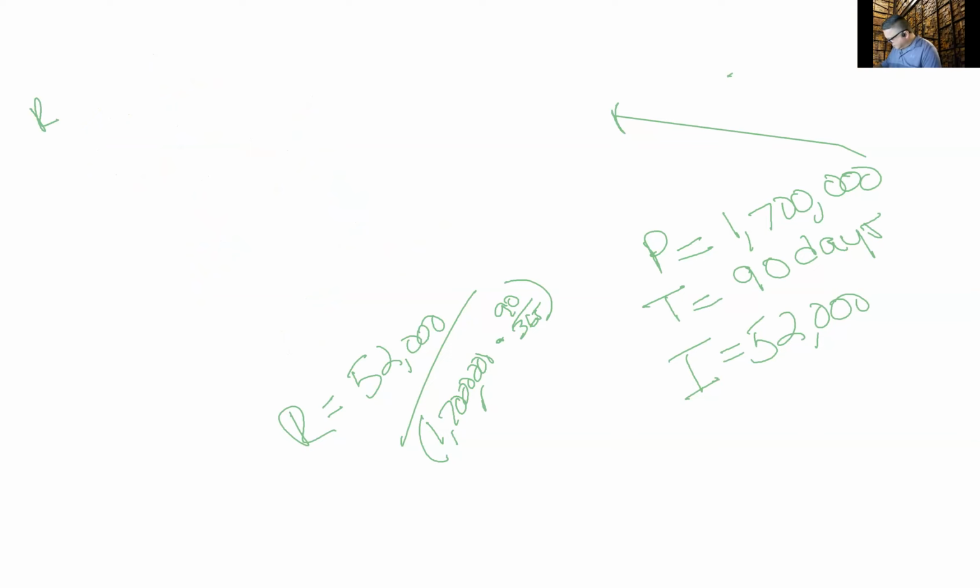The rate is going to be equal to your 52,000 divided by 1,700,000. And I said do this part first. 90 divided by 365 is going to be equal to 0.24657. Actually, it might be 0.24658.